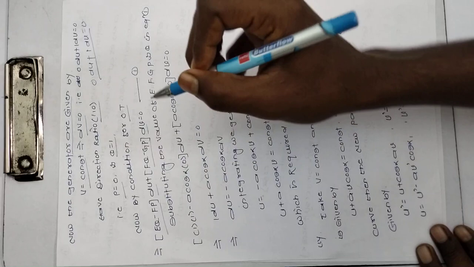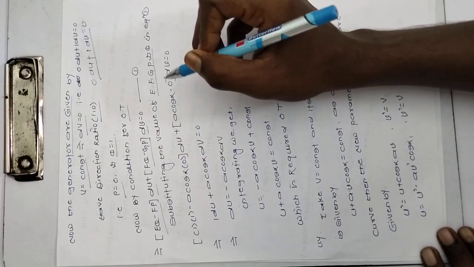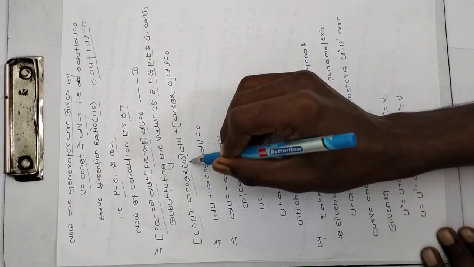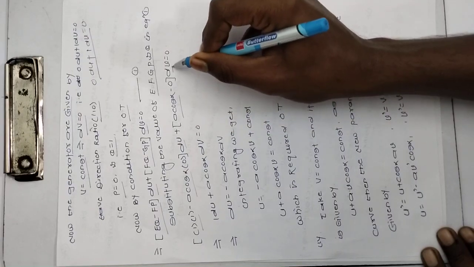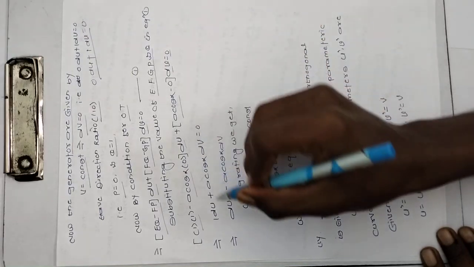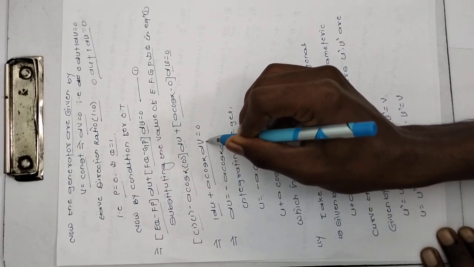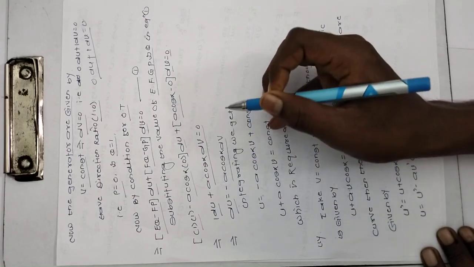So substitute the values of E, F, G, P and Q in equation 1. So 1 into 1 minus A cos alpha into 0 over dU plus A cos alpha minus 0 over dV is equal to 0. So dU plus A cos alpha dV is equal to 0. That means dU is equal to minus A cos alpha dV.